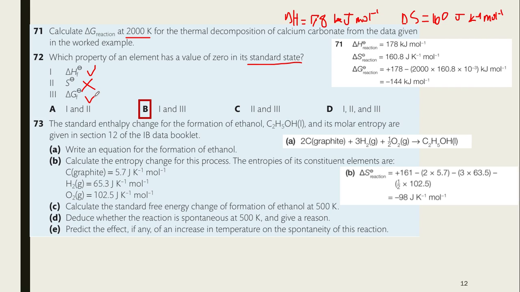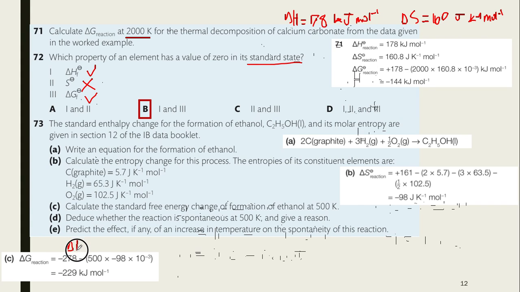Since no values are given to us for this part, we must look in the data booklet. And what we will see is the enthalpy change for ethanol is negative 278. And then we're going to input our 500 for our temperature, right?